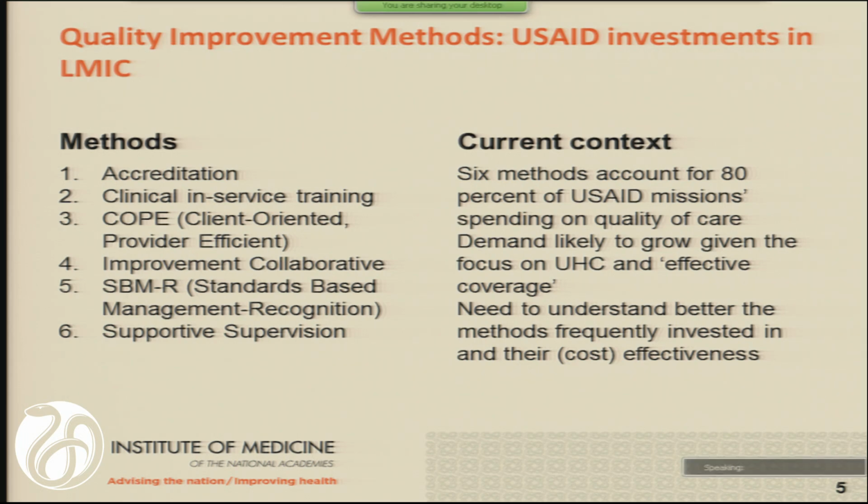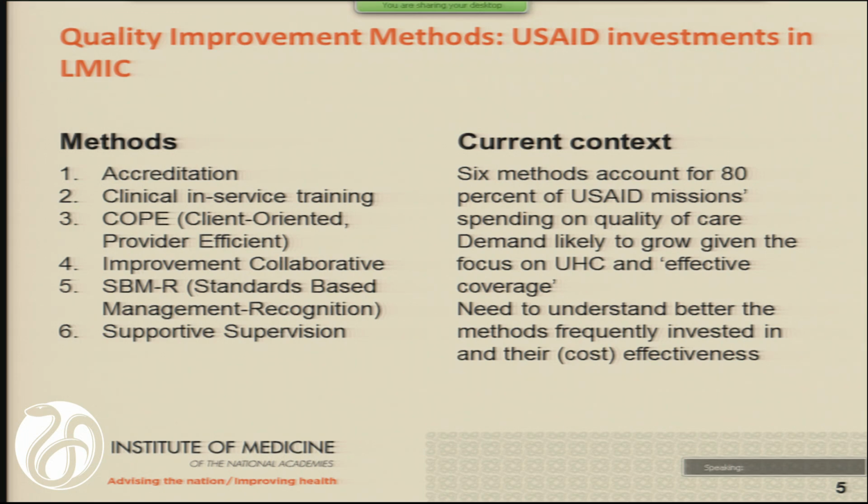So there are 6 quality improvement methods that USAID have invested in low and middle income countries. And I think it's very important to understand this distinction between the methods used in low and middle income countries and methods used in upper income countries, because there are a number of fairly well established methods elsewhere.